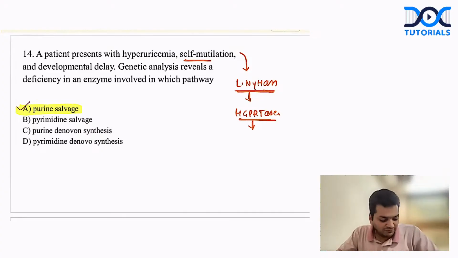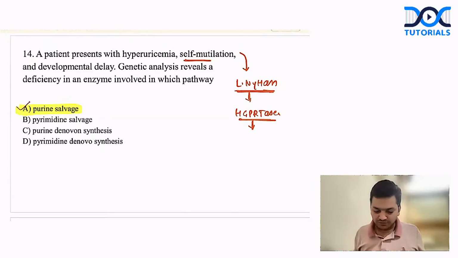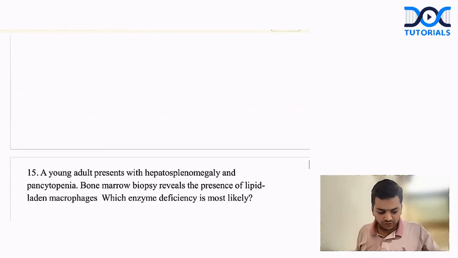You may have felt that when we see just the question, we are happy, but the moment it comes to the options, it changes things. We were thinking we had the answer, Lesch-Nyhan, HGPRT, but they have asked not the name or the diagnosis or the enzyme, but the purine salvage pathway. Okay, very good. And you have answered correctly about this pathway also. Let's move to the next one.